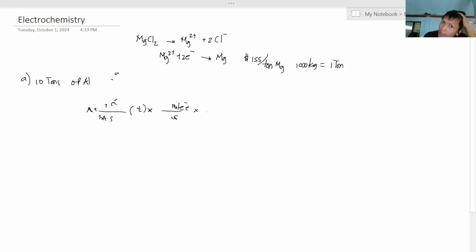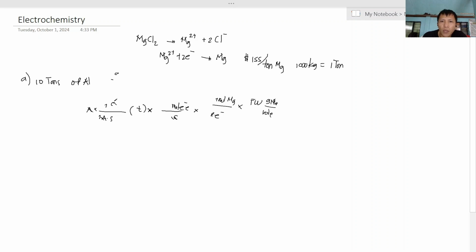You have your mass, of course. You can convert the moles of electrons using 2 moles of electron per 1 mole of magnesium. Then we go back to our formula weight to have our grams of magnesium per mole. And then from here, of course, we want per ton of magnesium.